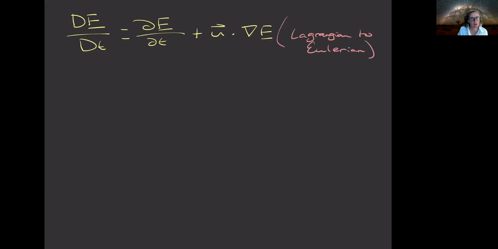And then we're going to need the continuity equation. In order to simplify this whole energy equation, we need the continuity equation. So the continuity equation is, of course, the change in density with respect to time, and I've written this in its Lagrangian form, minus rho dot divergence of velocity, and that's the continuity equation.